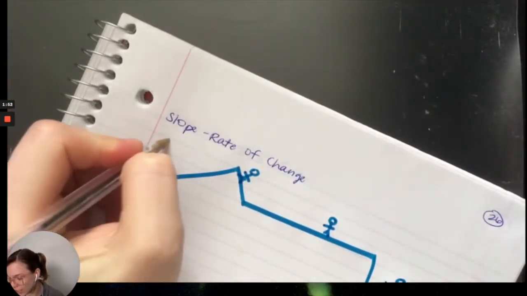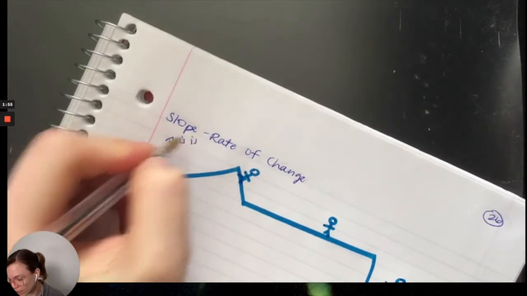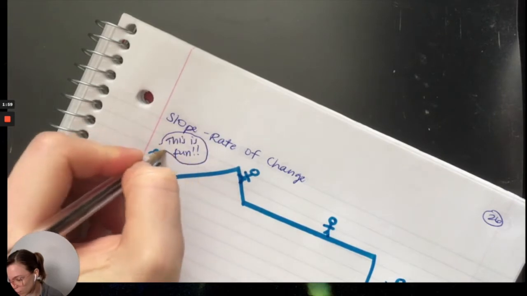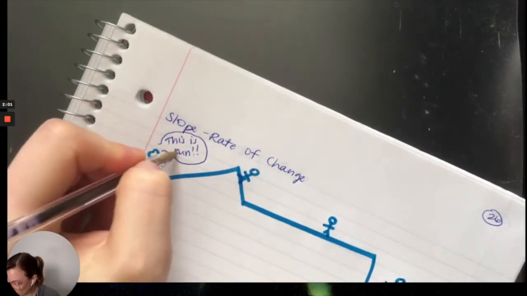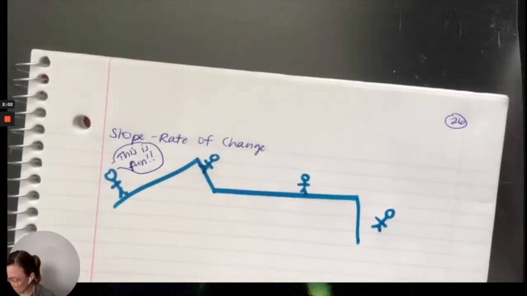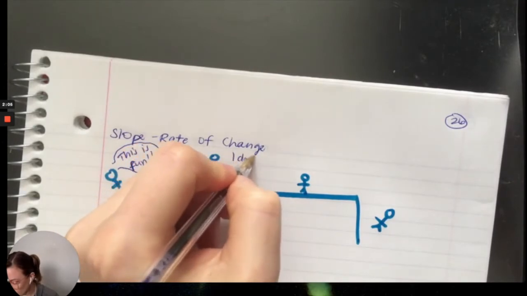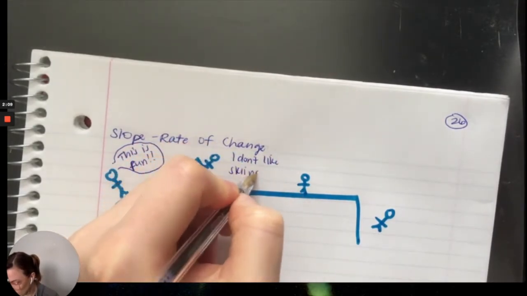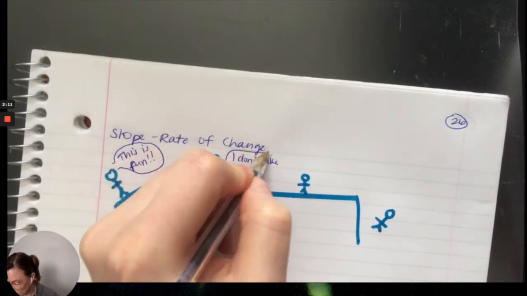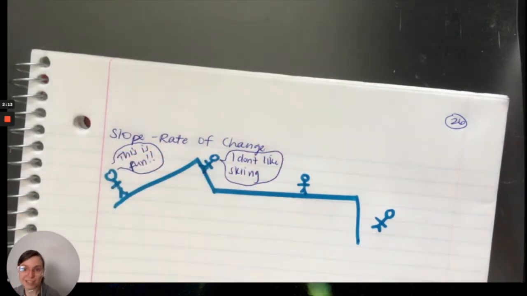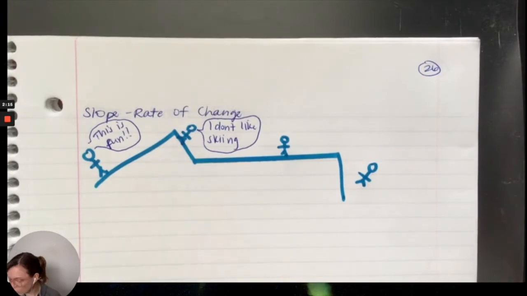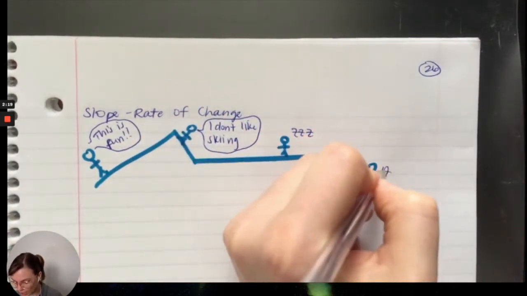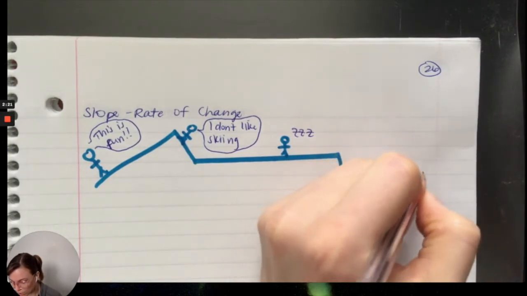So this guy is thinking, this is fun. It's his little speech bubble. And then the second dude is thinking, I don't like skiing. And we're using skiing because it is a slope. Get it? Slope. Ski slopes. This guy is just sleepy and bored, and this guy is freaking out.